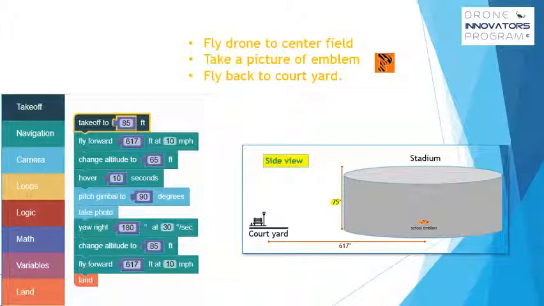For the second step, we are going to fly forward, all the way to the center at 617 feet at 10 miles per hour, which is not terribly fast. Now we're changing altitude. We're going to drop down to 65 feet, which takes us in here. And then we're going to hover for 10 seconds. That will give us time to move our camera and take a picture.